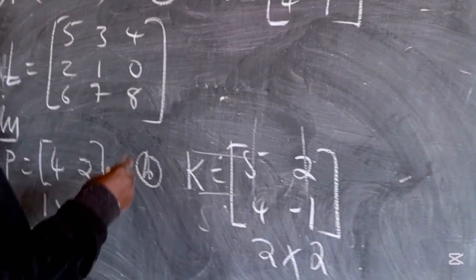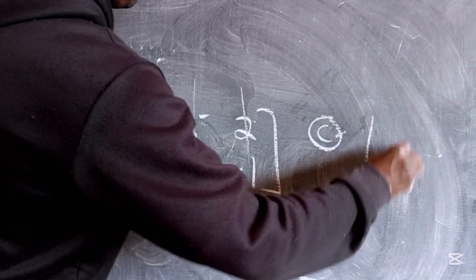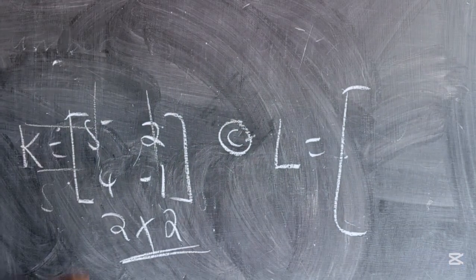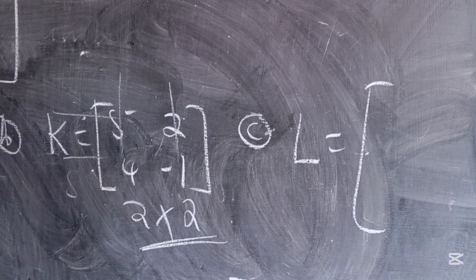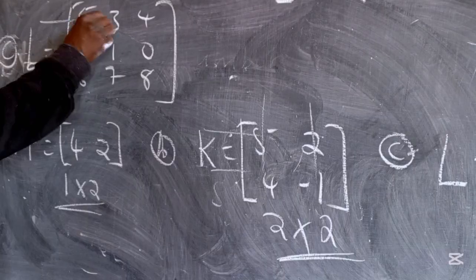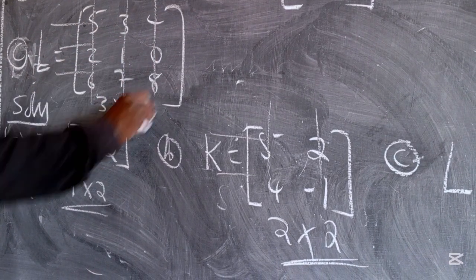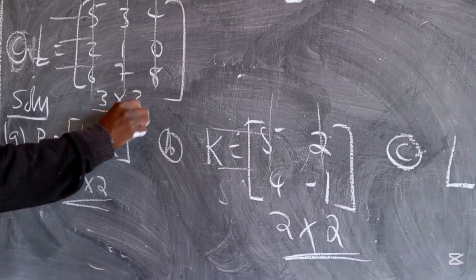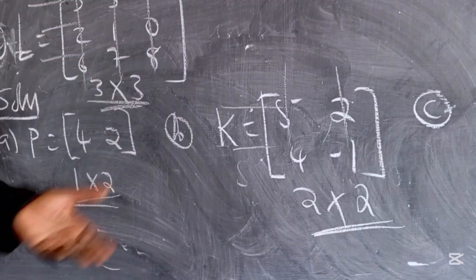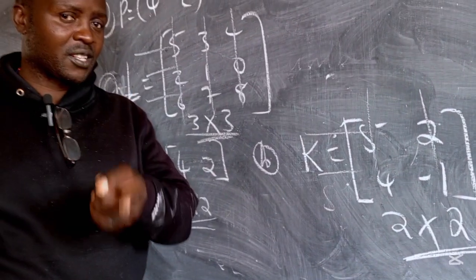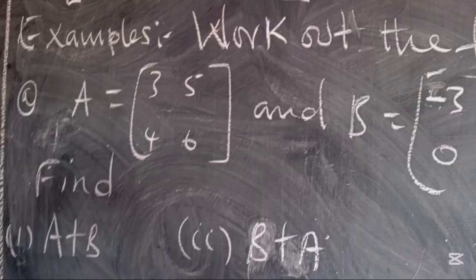C, if they say find the order of this one, you tell me how many rows? 1, 2, 3. So this is 3. How many columns? 1, 2, 3. So this is a 3 by 3 matrix. You cannot disappoint yourself if they ask you to find the order of the matrix. Thank you so much. We go to the next one.